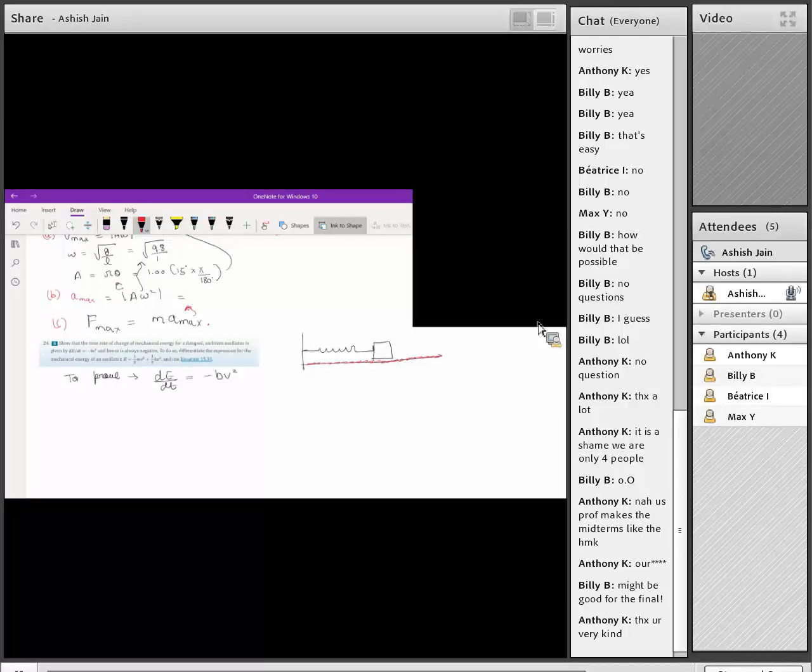So there is a resistance, and that means it's a damped oscillator. Physically, the rate of change of energy is negative. That means if it's executing a SHM, then it will be damped. That means your internal energy, or the total energy of the system, will be decreasing with time. Does that make sense?